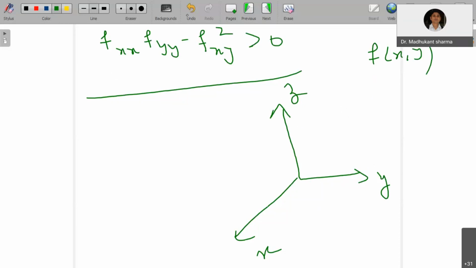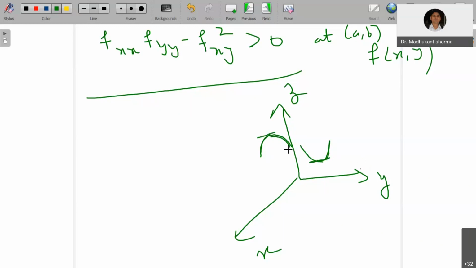Now if it is greater than 0 at the point (a, b), what is happening here is that from the point (a, b), the surface will go in the same direction, either downward or upward. Only two possibilities. If it is downward, then it attains a maximum, and when it moves upward, the surface is like that nearby, so it is a local minimum.